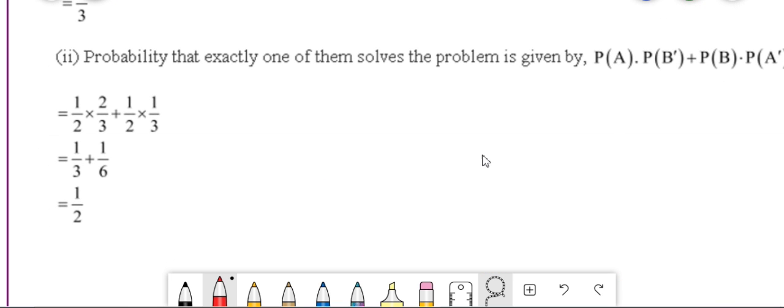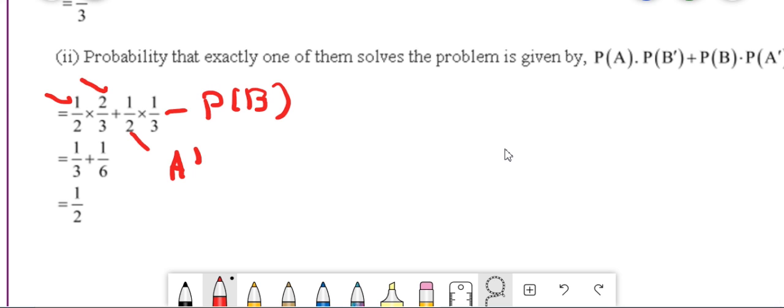That is 1 upon 2 into 2 upon 3, as I calculated over here. 1 upon 2 is the probability that A will be able to solve the problem, and B will not be able to solve the problem. Then A will not be able to solve the problem: this is P of A prime and this is P of B. The multiplied answer is 1 upon 2.